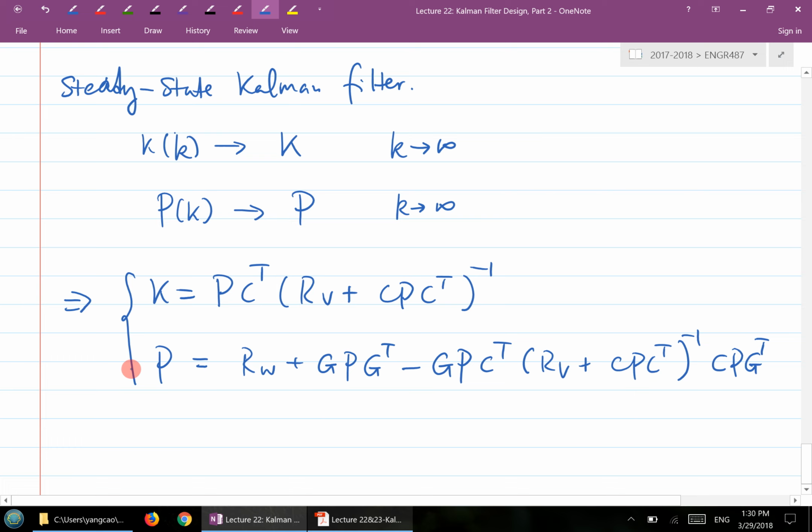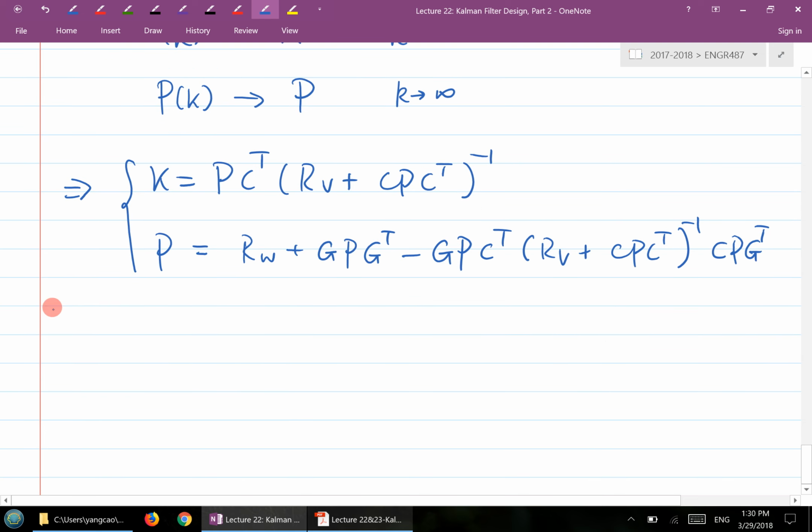Good. So I'll give a simple example. Let's make use of this to calculate the capital K and the capital P here. Let's consider a very simple system, which is a scalar system.